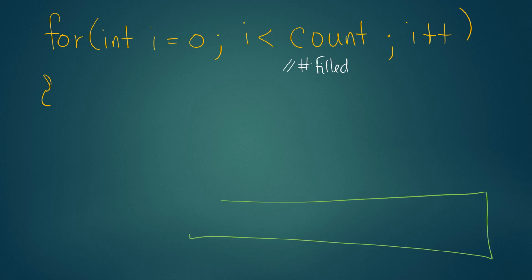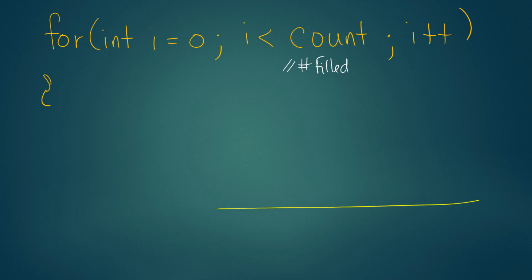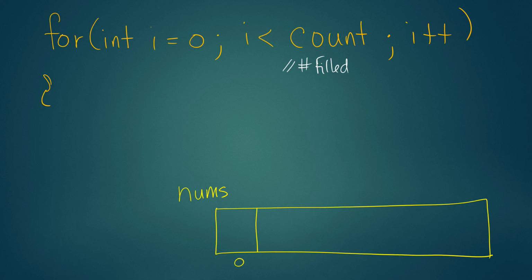So here's my picture of my array of integers. That's a very ugly box. Let's make a better box. This is my array of integers. My array of integers is called nums. This is index 0. So this is technically nums at index 0, which looks like this.